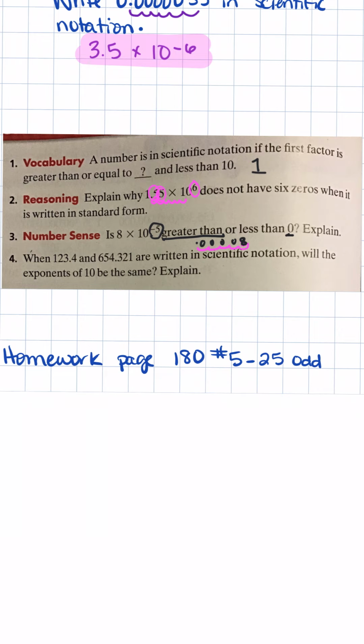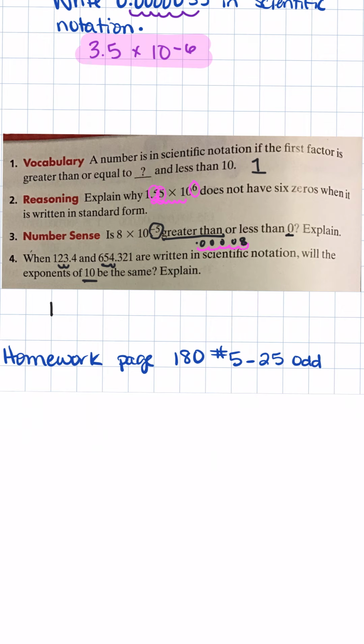When 123.4 and 654.321 are written in scientific notation, will the exponent of 10 be the same? Explain. Yes, the decimal point in each number needs to be moved 2 places to the left. So if we're going to move this 1, 2, 1, 2, the power of 10 is going to be the same.